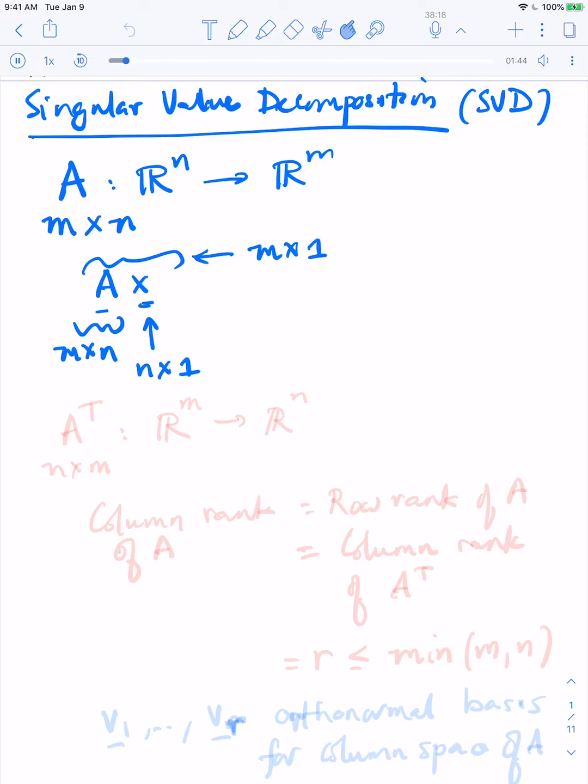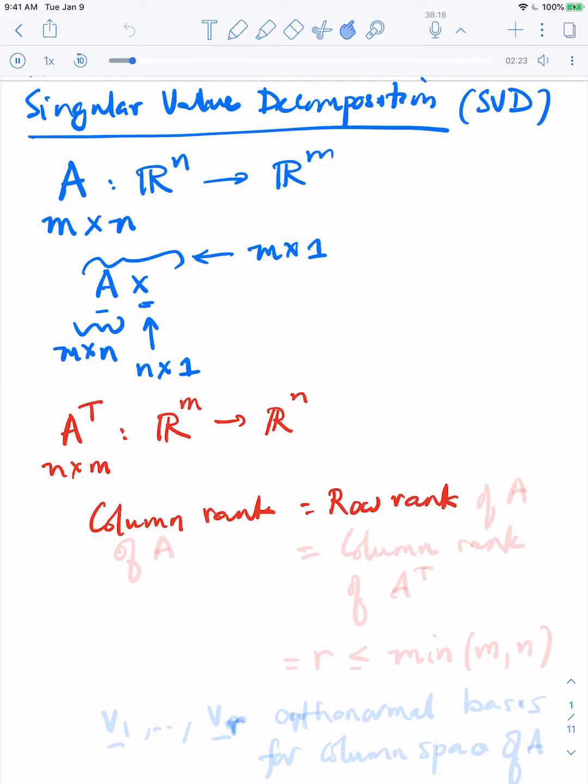Okay, so before deriving the SVD, let me state a geometric view of it. So remember that A is a mapping from n-dimensional space to m-dimensional space. I should also note that A transpose, which is n cross m, is a mapping from m-dimensional space to n-dimensional space. Now, you might know this, basically that the column rank of a matrix is equal to its row rank. What does that mean?